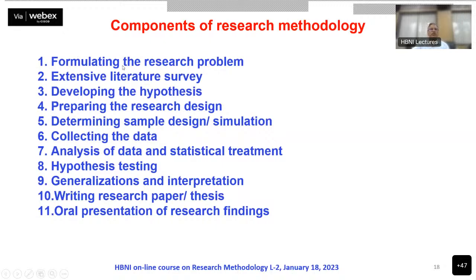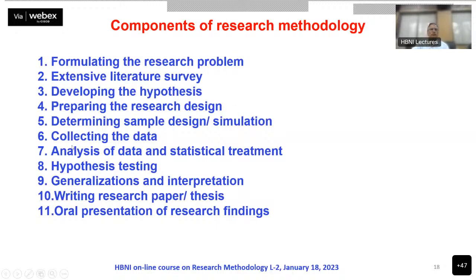So the second part is the extensive literature survey, and that will help you in formulating the research problem. Once you have done the literature survey, based on that you formulate a research problem. Then, if it is hypothesis-driven research, you develop a hypothesis after these two, first and second, are done. Based on that, you prepare a research design, whether you will do numerical analysis, statistical analysis, sampling, or theoretical calculation.